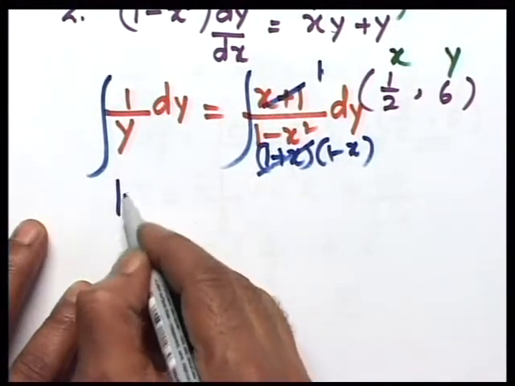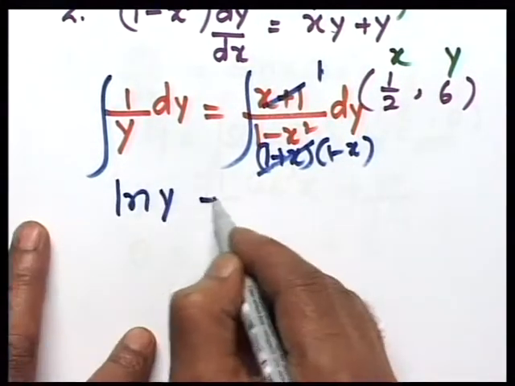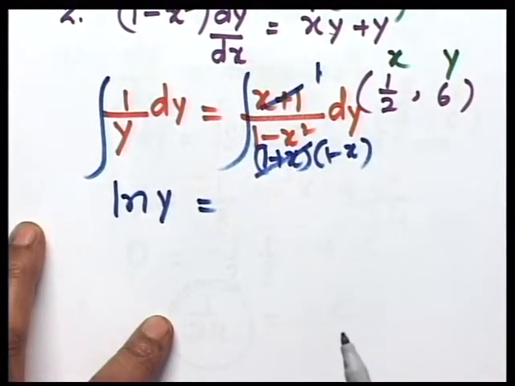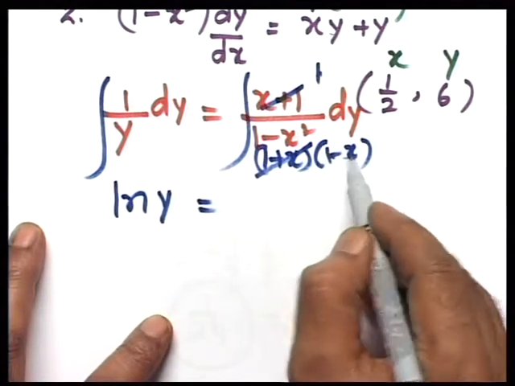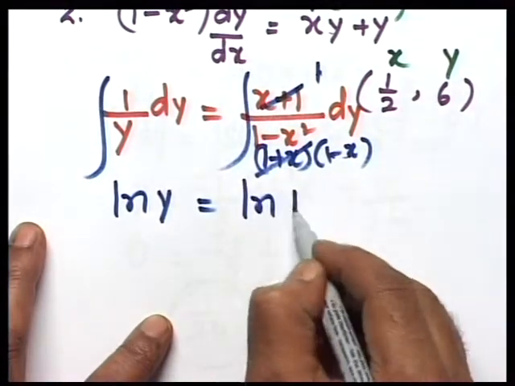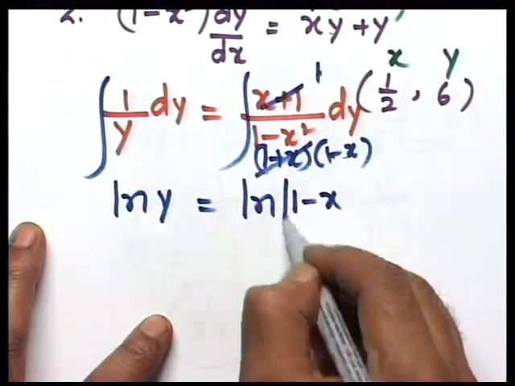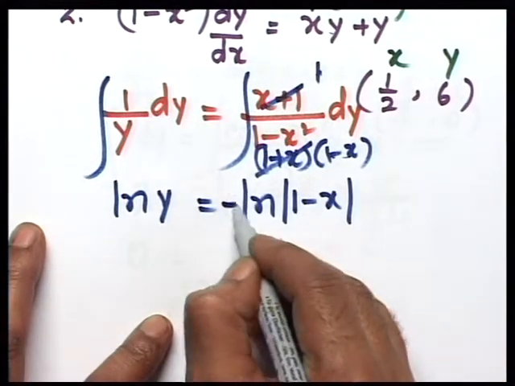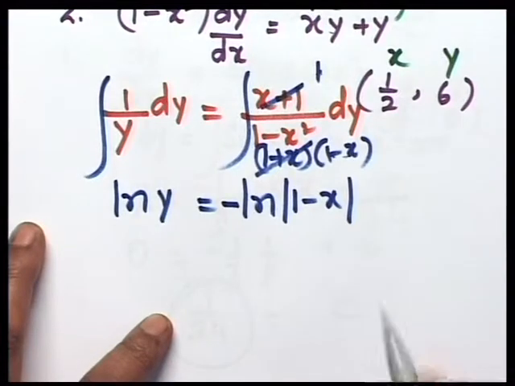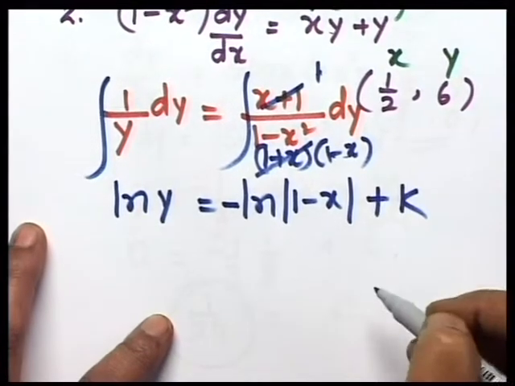I don't want to waste more time on that. So that's natural log y equals, by the way, okay, I'll go back there, right? That's 1 over 1 minus x, which is natural log of 1 minus x. But please understand, differentiate this, you get a minus 1. Divide by minus 1 means that is minus. Plus k, okay?